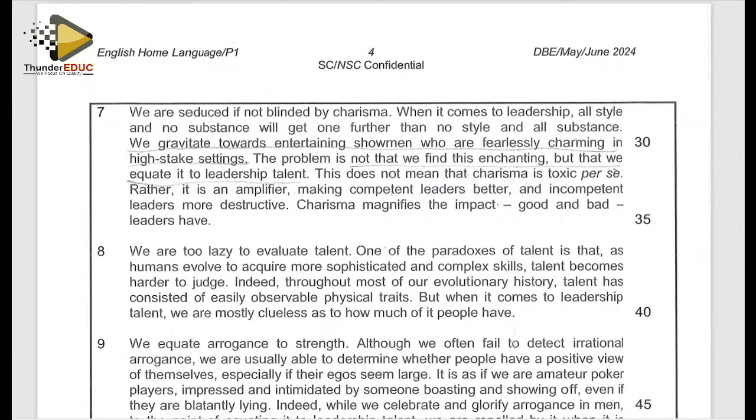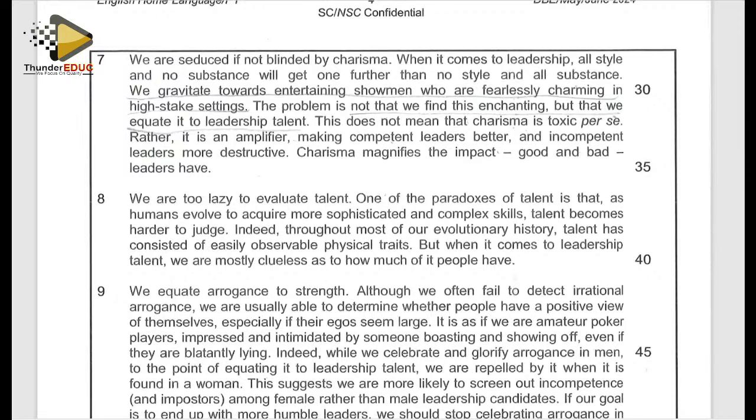Indeed, throughout most of our evolutionary history, talent has consisted of easily observable physical traits. But when it comes to leadership talent, we are mostly clueless as to how much of it people have. So it says, discuss his assertion that we are too lazy to evaluate the talent in the context of paragraph 8.